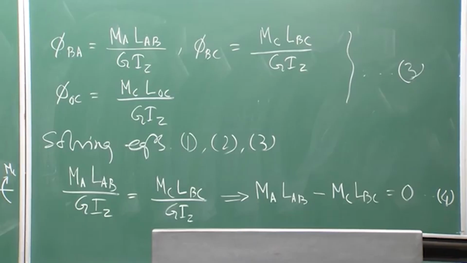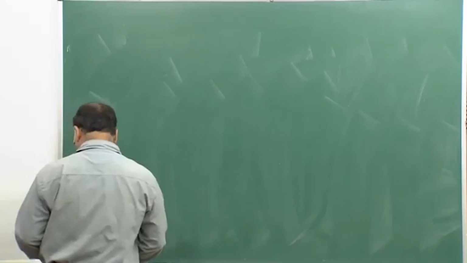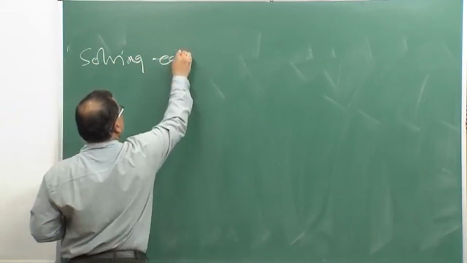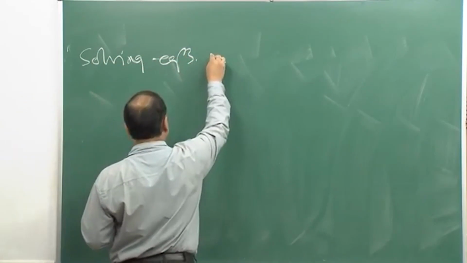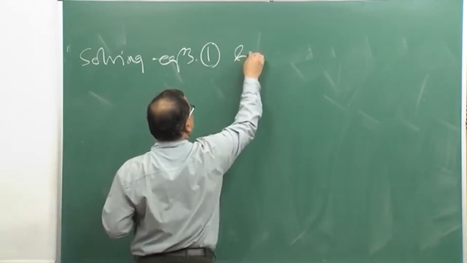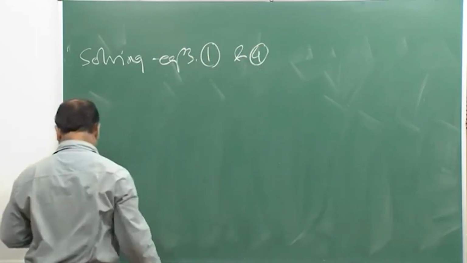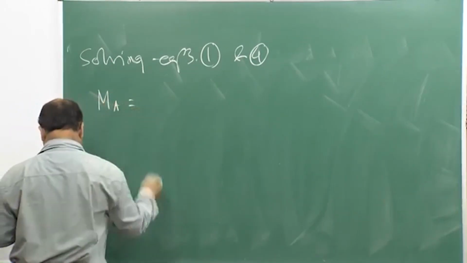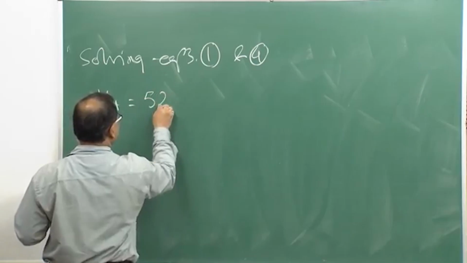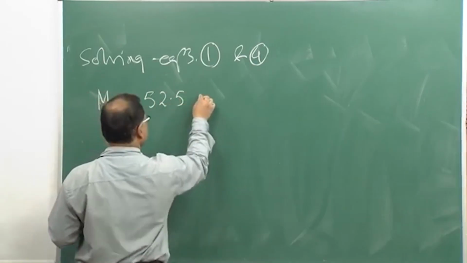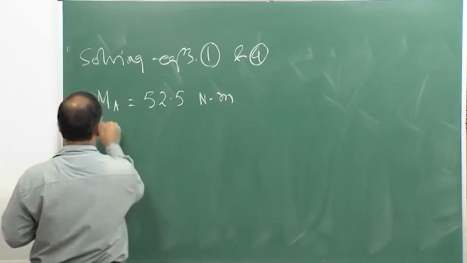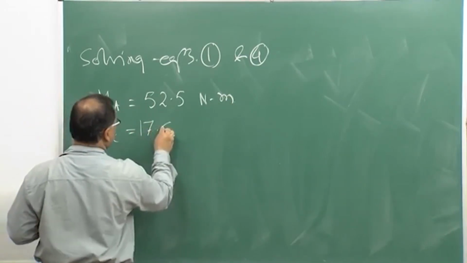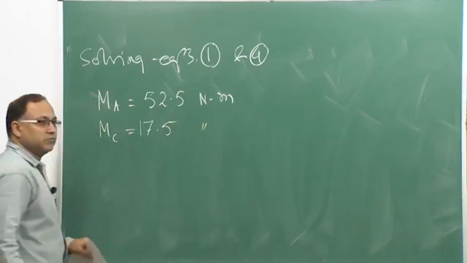I am rubbing this figure. So, solving equations 1 and 4, we will be getting MA equal to 52.5 Newton meter and MC is equal to 17.5 Newton meter.